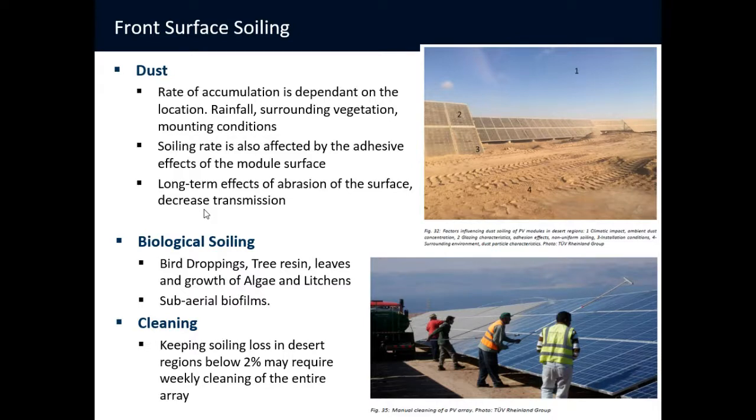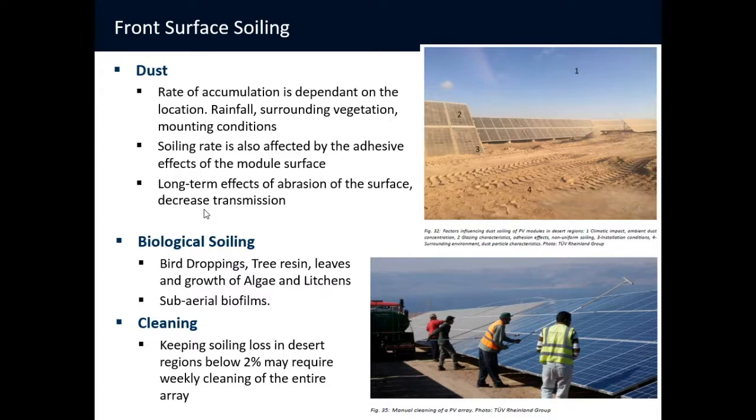With something like dust, it can be a very site-specific factor depending on the conditions, the environment, and the rainfall in the area, and this results in a soiling rate that must be accounted for in any long-term assessment of the module's site performance. So cleaning of modules is an important aspect of this.